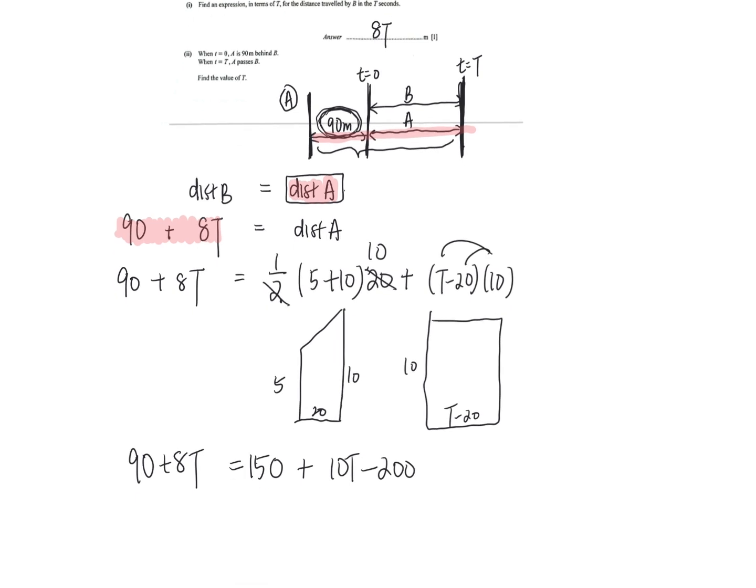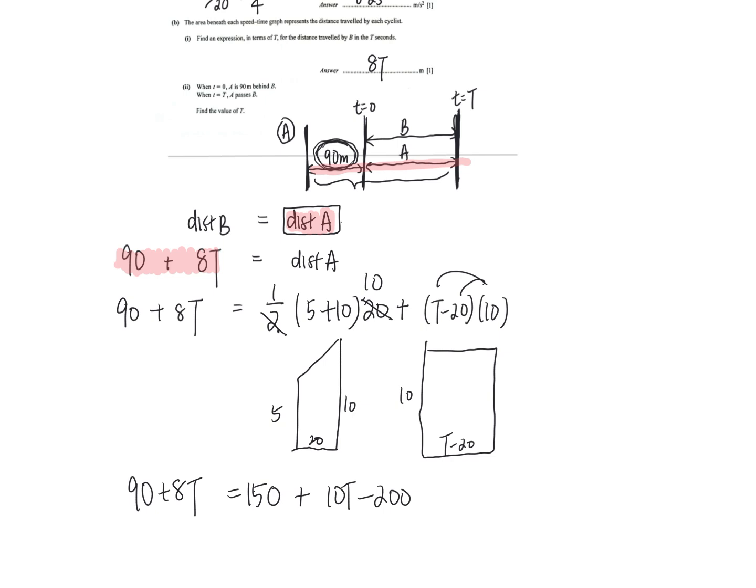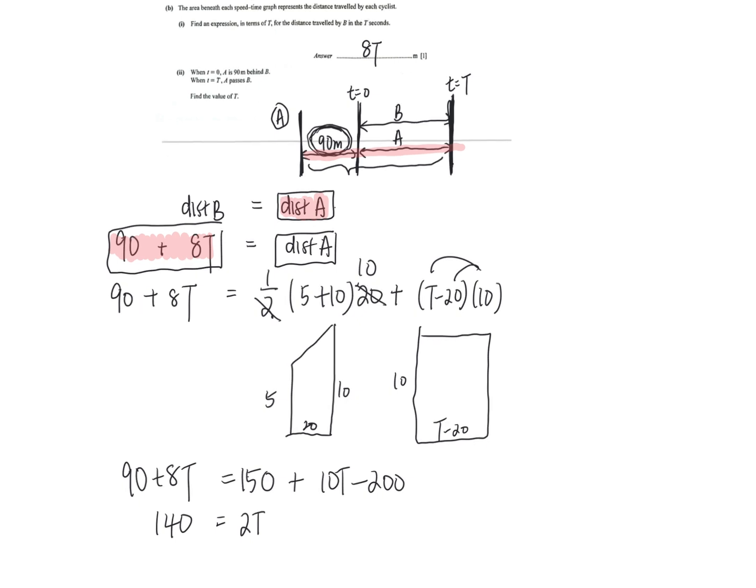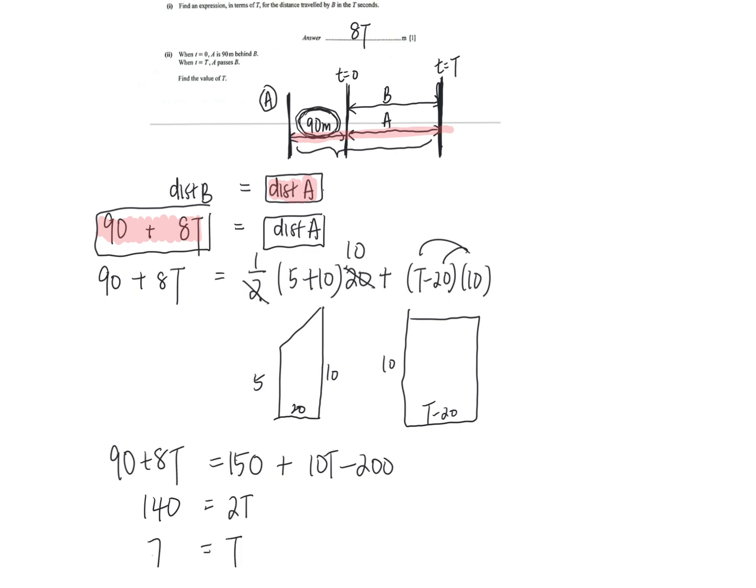Because A needs to cover these two distances within t seconds. So this is 2t equals 150 minus the 200 is minus 50, bring over 150. So t is 70 seconds.